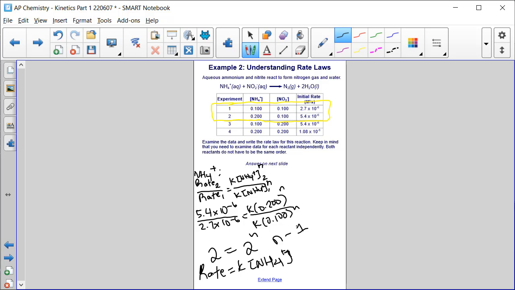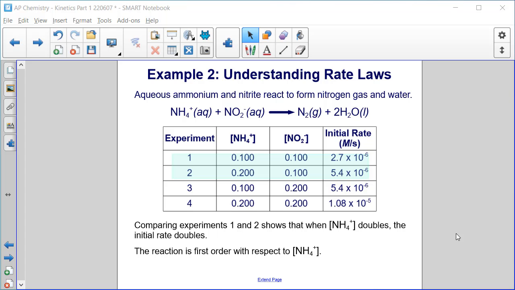reactant, NO2 minus. All right, so this slide just summarizes the quantitative work we did on the previous slide. We did compare experiment 1 and experiment 2 to show that when we double the ammonium concentration, the initial rate also doubles, which means that the reaction is first order with respect to NH4.